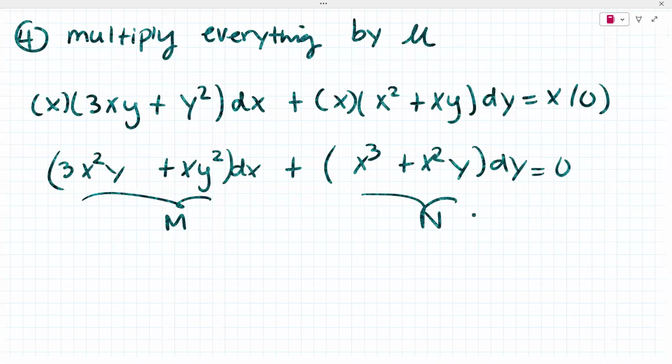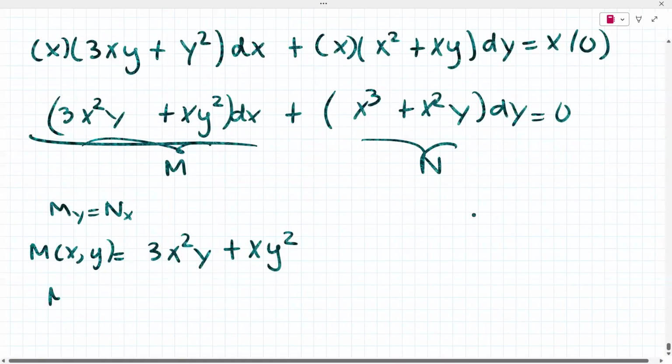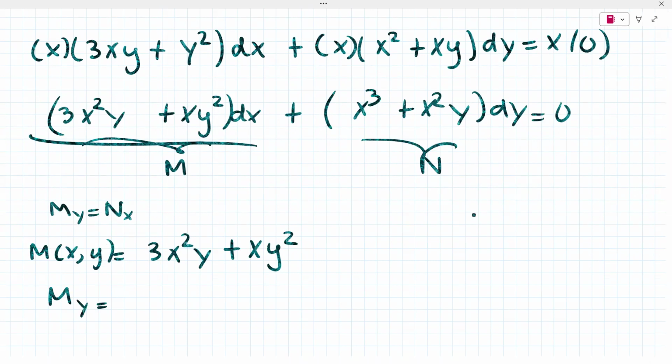So does M of y equal N of x? So your M of xy is this whole thing, 3x squared y plus xy squared. So my M of y is 3x squared plus 2xy.